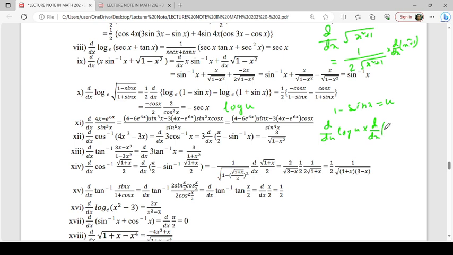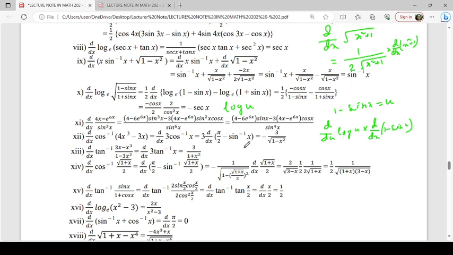U means 1 minus sin x, so 1 by 1 minus sin x, and d/dx of sin x is cos x. D/dx of 1 minus sin x is minus cos x. So after simplification we get this.